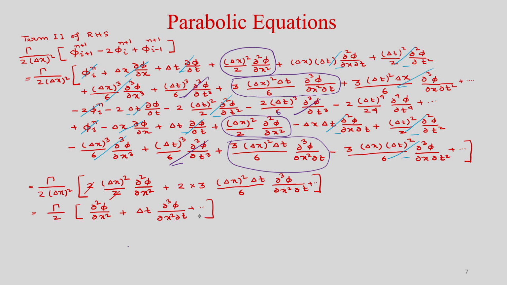Okay, so now we have found the left hand side term and term 1 and term 2 in the right hand side. If you put all together, then what you are going to get. In the left hand side, whatever you got, we are now writing left hand side is equal to term 2 of right hand side plus term 1 of right hand side.